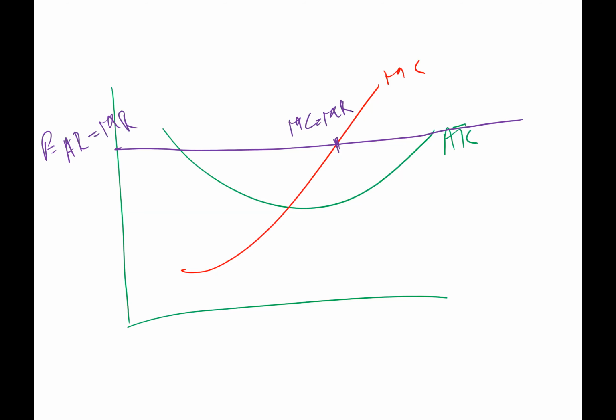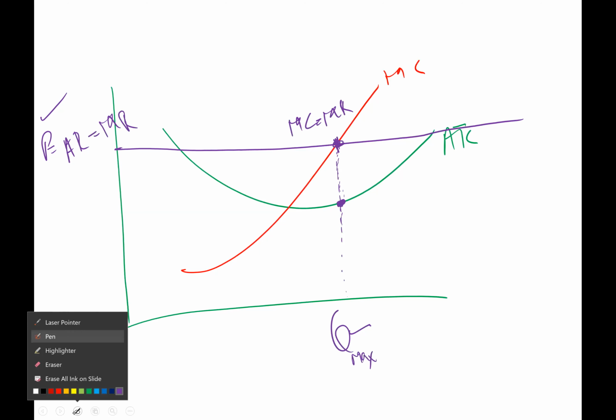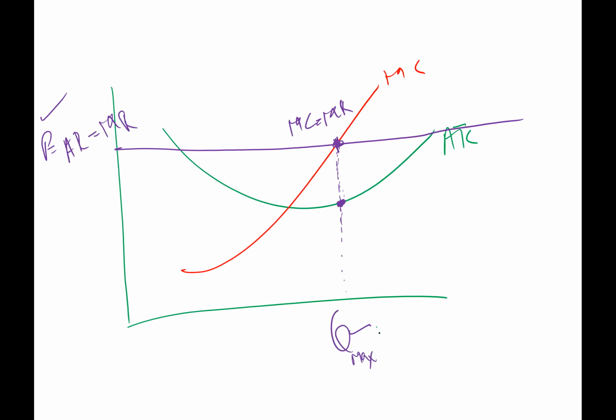It tells us that point about my drawing. So we need to produce this quantity because it will minimize our cost. So producing this much quantity, what is the cost? Cost is on the cost line, and price is on the price line. So you want to find out what is the market price of Q max.